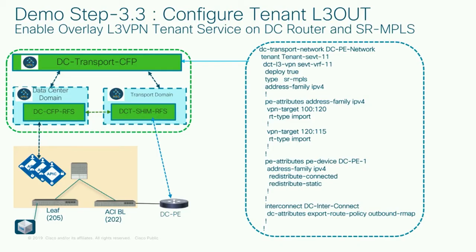So once this is established, we will have the tenant created to allow this tenant service, tenant SCVT 11, to be forwarded using the SR-MPLS link under the infrastructure or the topology that was created. And I've attached the export route policy as outbound route map to the service.